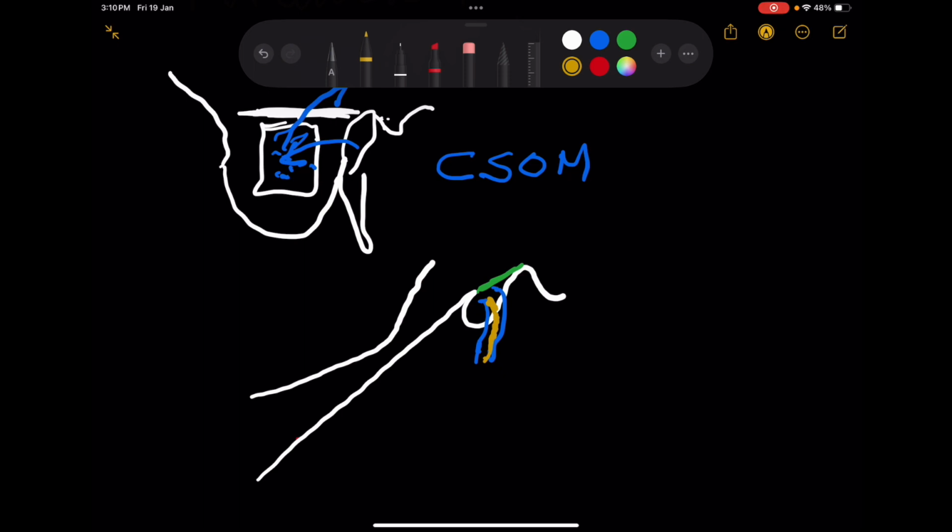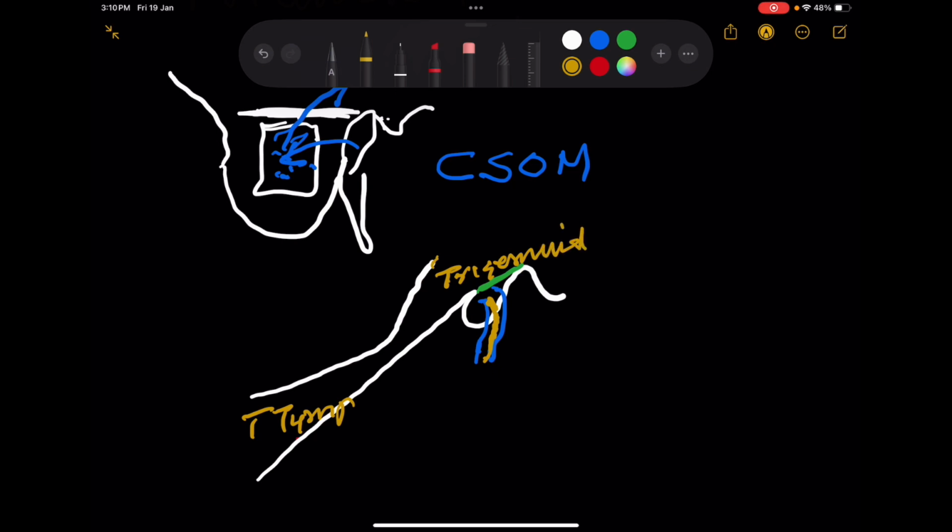So this is what is called the trigeminal impression. So this is the tegmen tympani and this is the trigeminal impression.